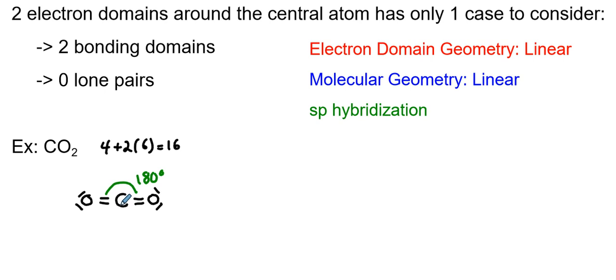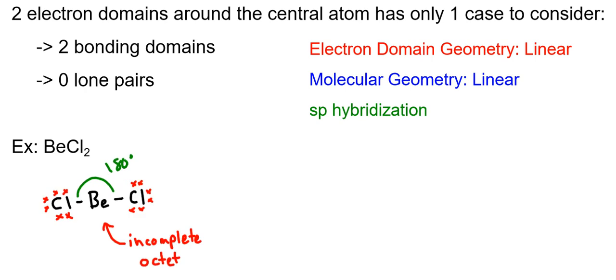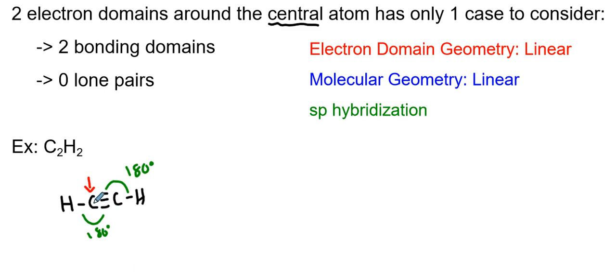Again, an electron domain can be a lone pair, it can be a bonding pair, or it can be double or triple bonds, so we call them bonding domains. So this has 2, it's going to be linear. This has 2, we know that it'll be linear. And lastly, we know that these bonds will be linear, so the whole molecule will be linear. And we also know that the hybridization on the carbon is sp hybridization, which will generate that linear structure.